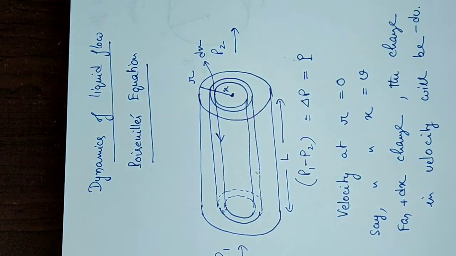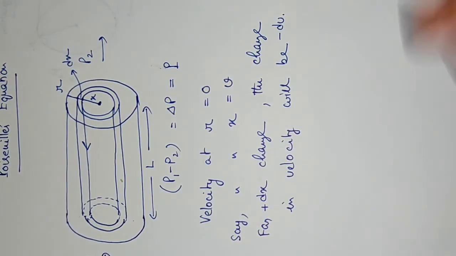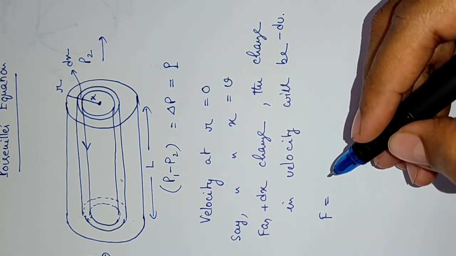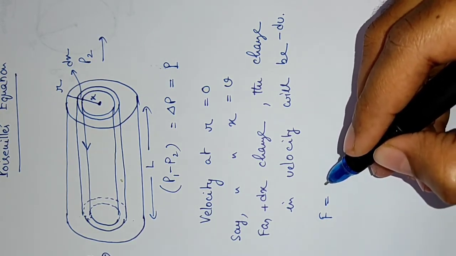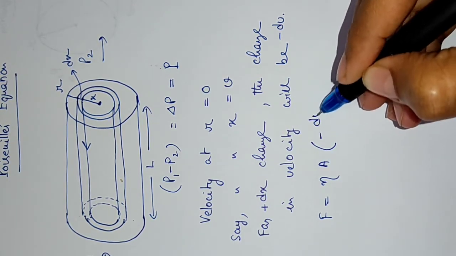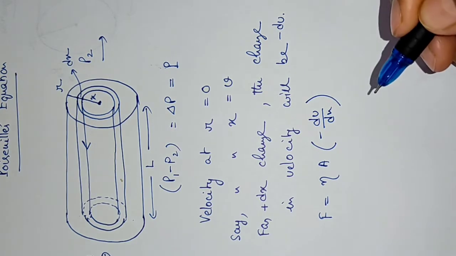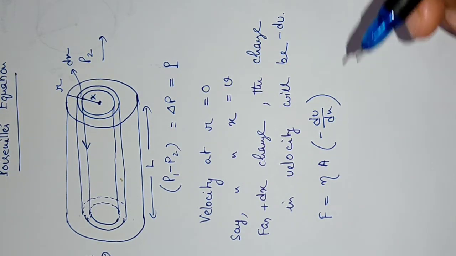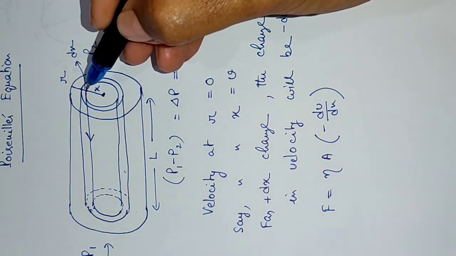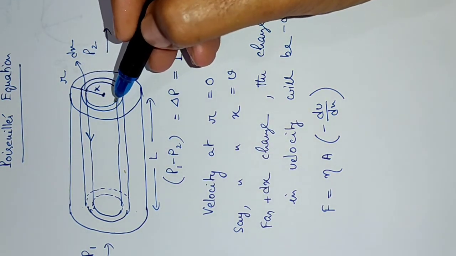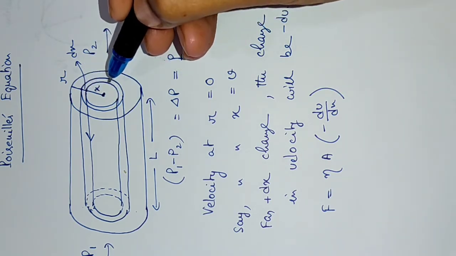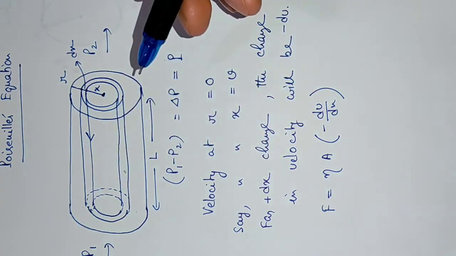The force that is acting tangentially backward is the viscous force, and which is given by the Newton's law of viscosity, which I have discussed earlier. It will be F equals to eta into A into minus dv dx. Now to find the area of contact, we have to multiply the circumference at x which is 2 pi x, with the length of the pipe.